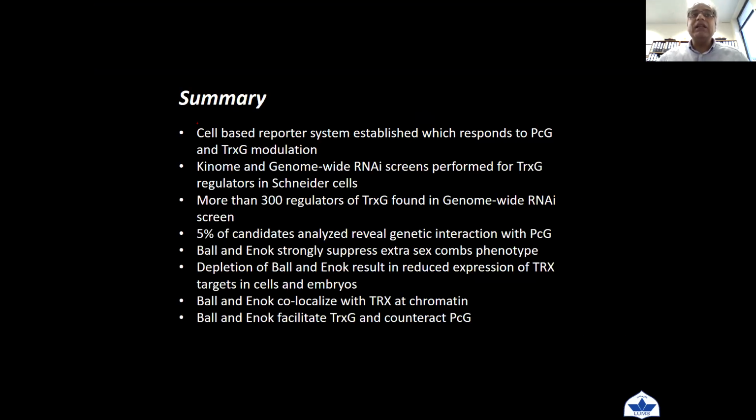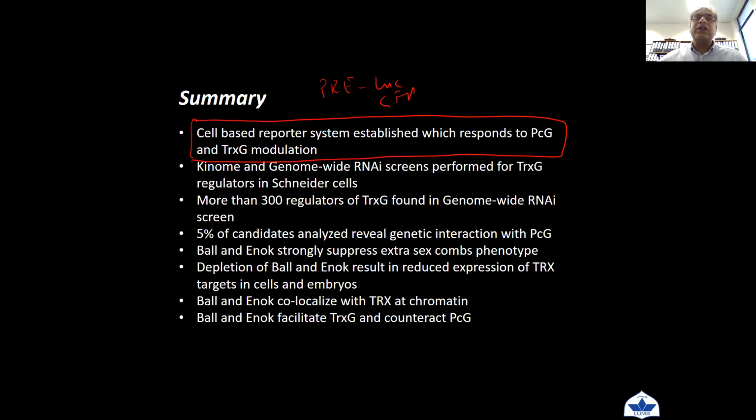So what we have seen, this is very important for you, the summary of how this whole project went. As a student of genetics and genomics, you saw the establishment of a cell-based assay, which was this PRE luciferase or PRE GFP reporter. I did not share with you the kinome screen, but from the genome-wide RNA screen, we finally had 217 candidates. We have so far characterized 5% of them using a classical genetic assay, which is the extra sexcomb assay, and they behave as trithorax group genes.